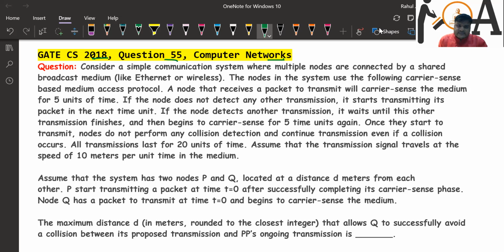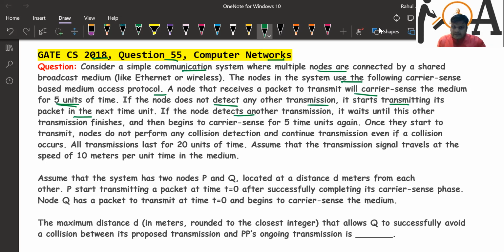The question is: consider a simple communication system where multiple nodes are connected by a shared broadcast medium like Ethernet or wireless. The nodes in the system use the following carrier sense based medium access protocol. A node that receives a packet to transmit will carrier sense the medium for 5 units of time. If the node does not detect any other transmission, it starts transmitting its packet in the next time unit.